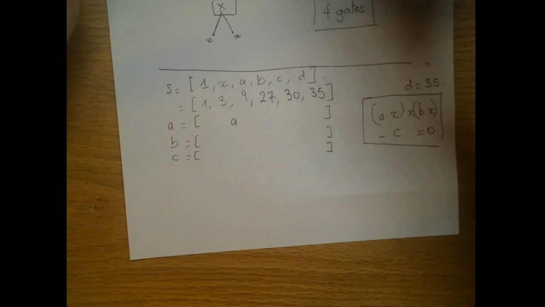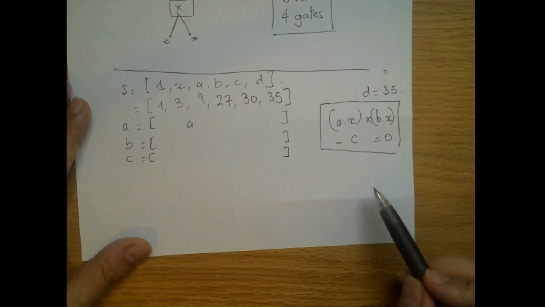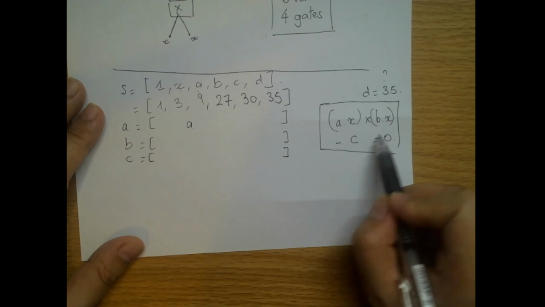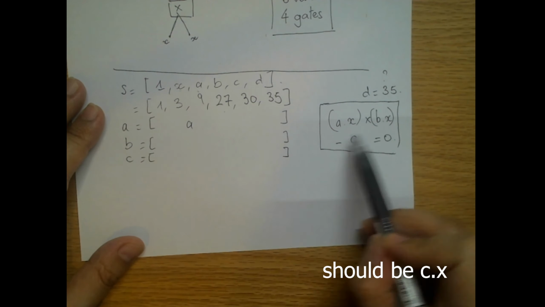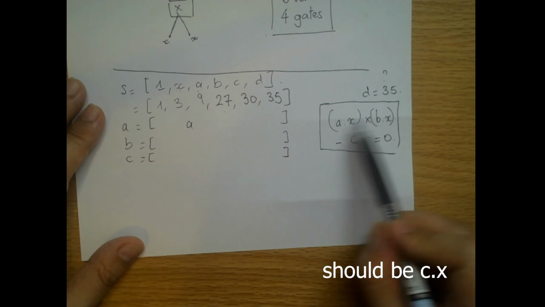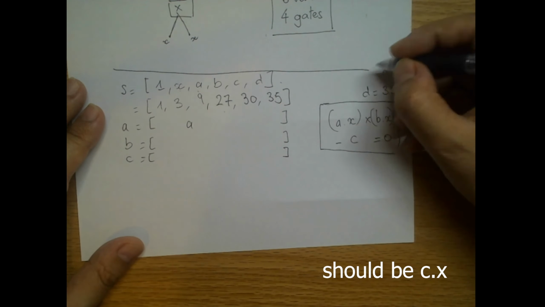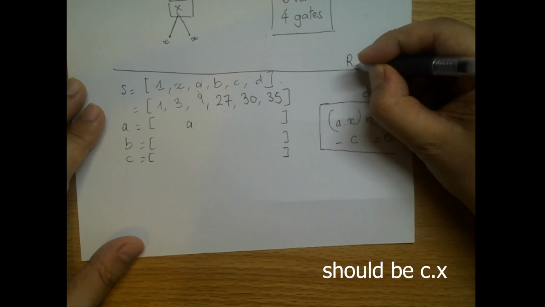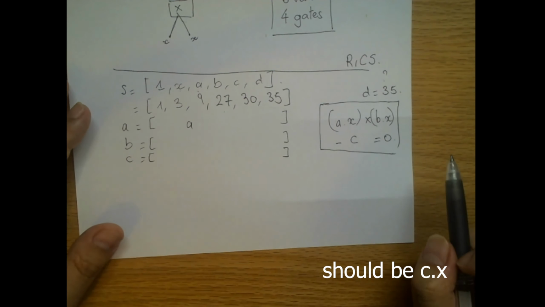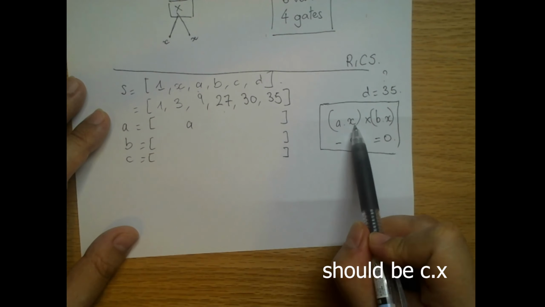This is the relation that you want to keep. It's always going to be this relation, so it's not the only time we're going to see it. Because we want this special form for the equation, it's called a Rank-1 Constraint System. This product here is a scalar product.